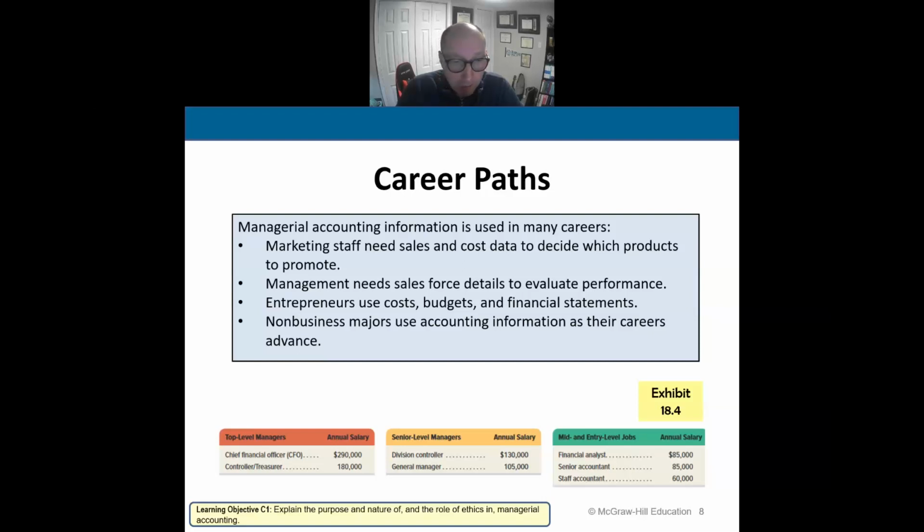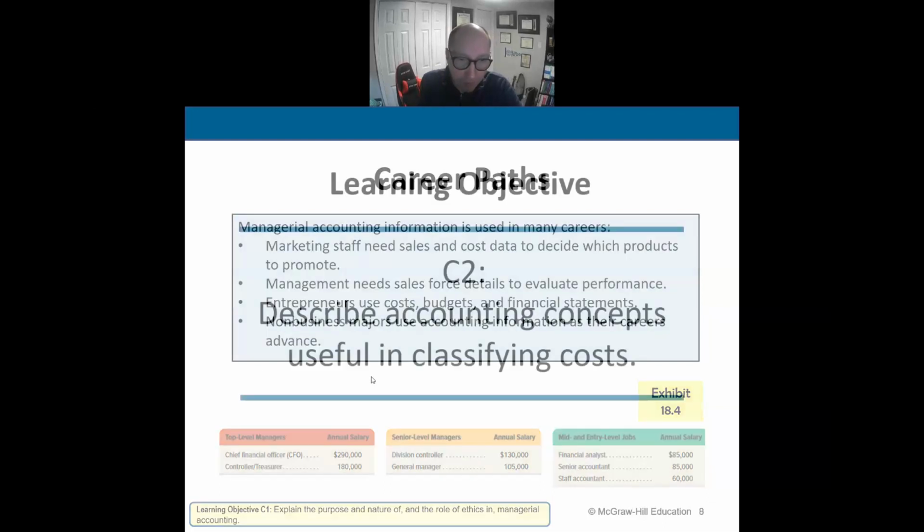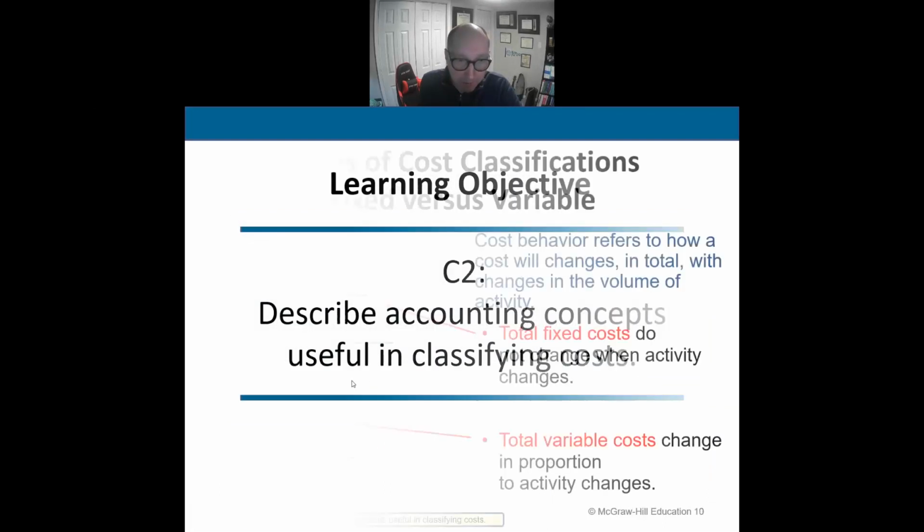When I first started out in accounting, I was an accounts payable guy. Went from accounts payable to accounts receivable to payroll, learned all of those different responsibilities and what they do, and then moved my way up. That's the typical career path. But there's a lot of different careers in accounting. It's just nice to know. A lot of different responsibilities.